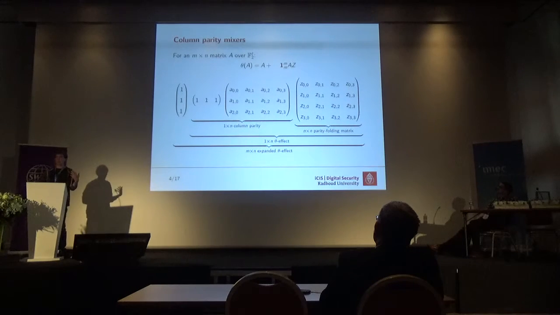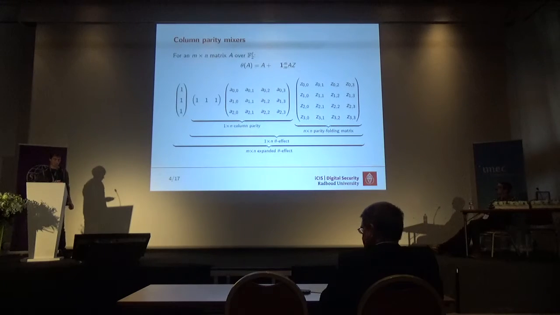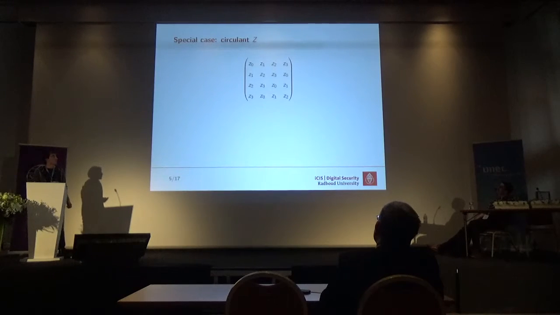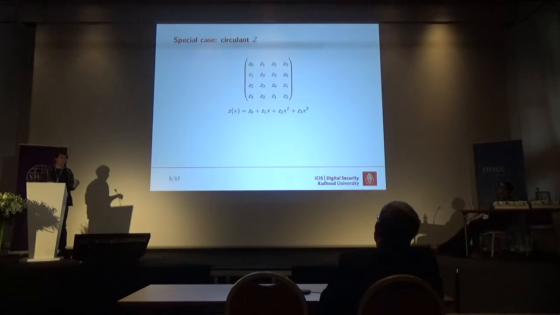And before looking at several properties of these mixing layers, there's one special case where this matrix is circulant. So if the parity folding matrix is of this shape, then we can describe this by a polynomial, and we give a full description of this mixing layer in terms of polynomial arithmetic.